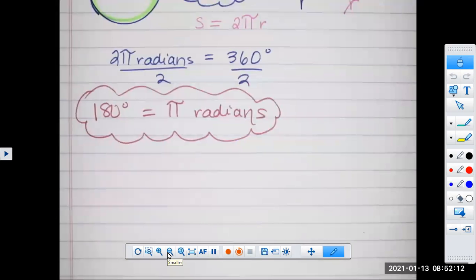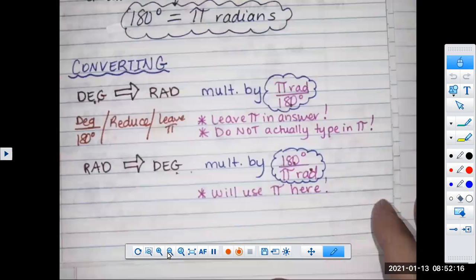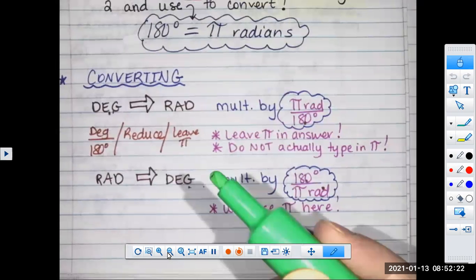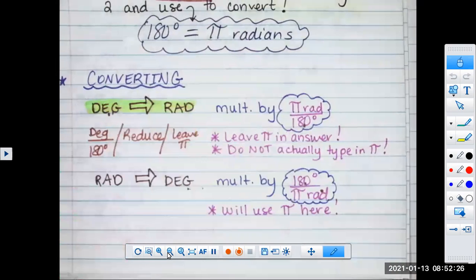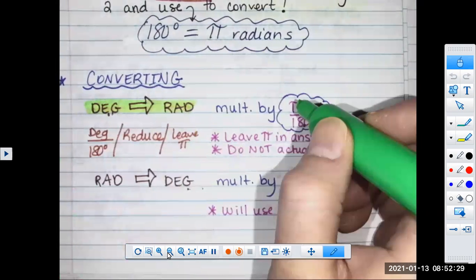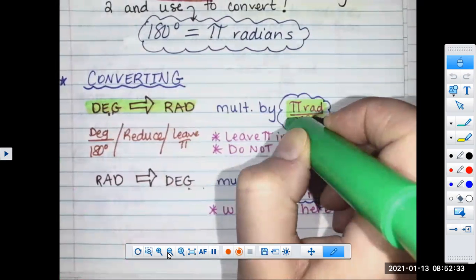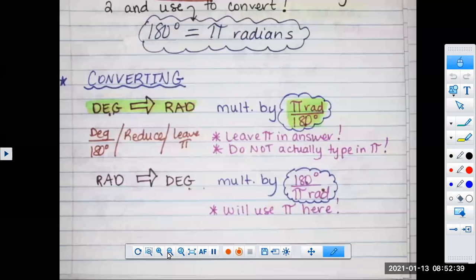All right. The next thing we're gonna look at, this is what you use. All you need to do is write down this part. To convert from degrees over to radians, you're gonna use this conversion factor, pi radians divided by 180 degrees. If you remember unit conversion from science, I'm sure y'all did that in physics, chemistry, all of that.